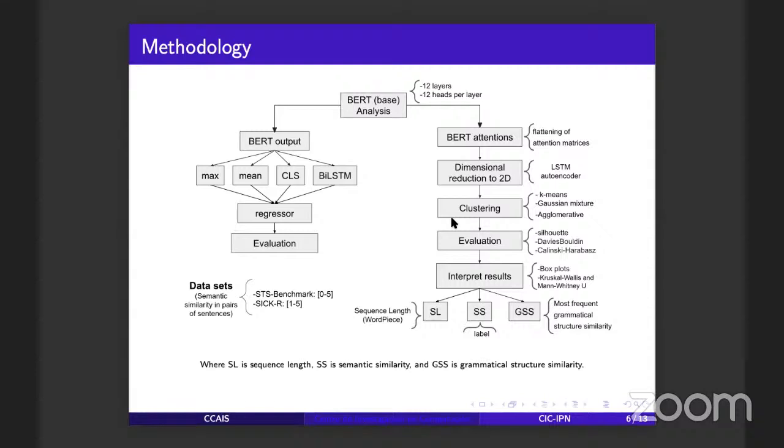So I plot these measures for different K cluster values, and I get the optimal in each metric, like a consensus decision, considering the three metrics.